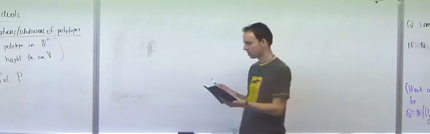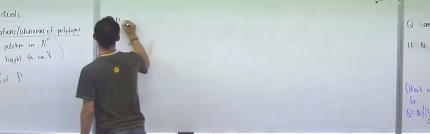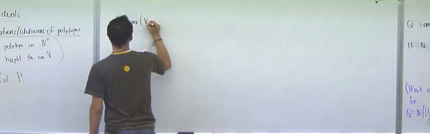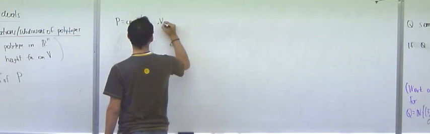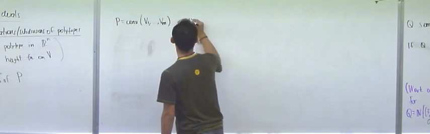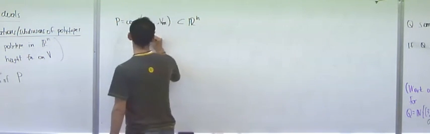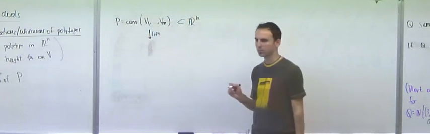So maybe P is the convex hull of vectors v1 up to vm. This is in Rn. And I'm going to lift this into one dimension higher using these heights.